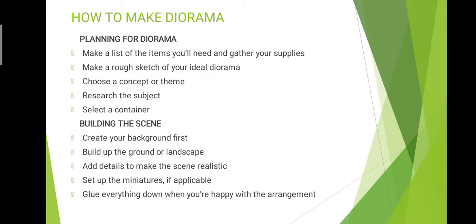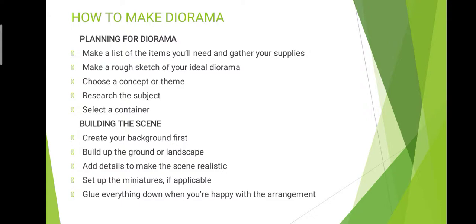How to make a diorama? First, you must plan for the diorama. First, make a list of the items you'll need and gather your supplies. Second, make a rough sketch of your ideal diorama. Third, choose a concept or theme. Fourth, research the subject.